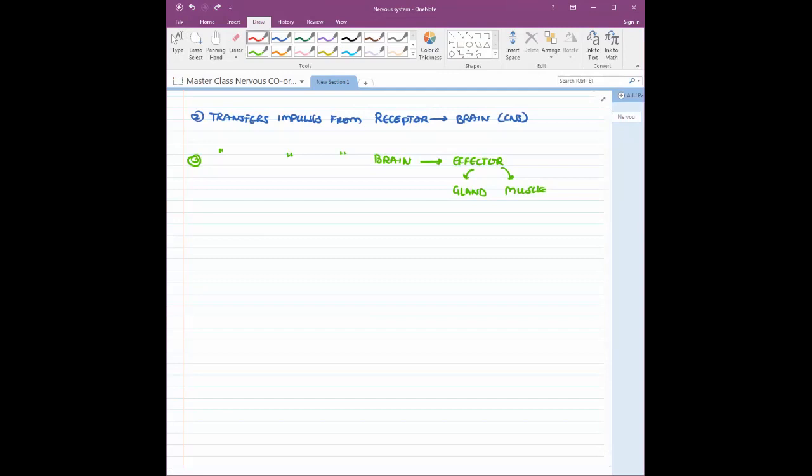Now guys, always remember, when we talked about the protection provided to your brain, we said it is going to be the meninges. Those meninges are going to continue throughout the entire spinal cord as well. So always keep this in mind. But now let's see how the TS is really going to look.